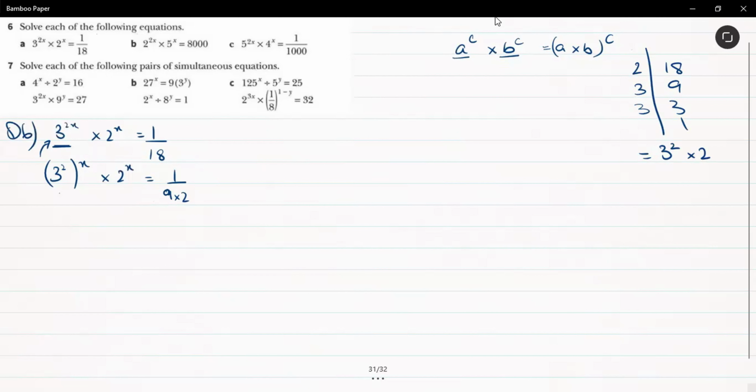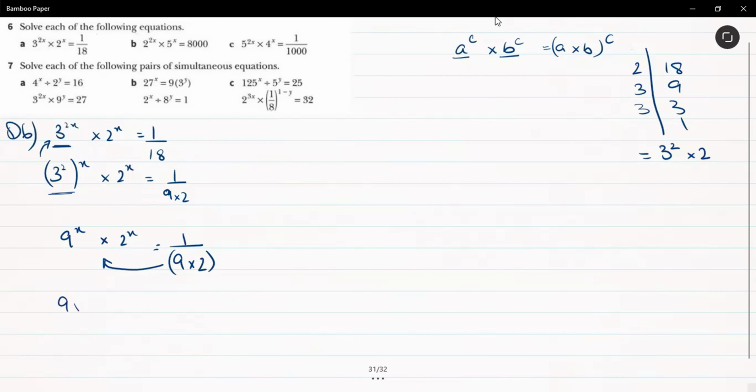So this was 9 raised to the power x multiplied by 2 raised to the power x, is equal to 1 over 9 multiplied by 2. Now, if this is dividing here, on the other side it is going to multiply.